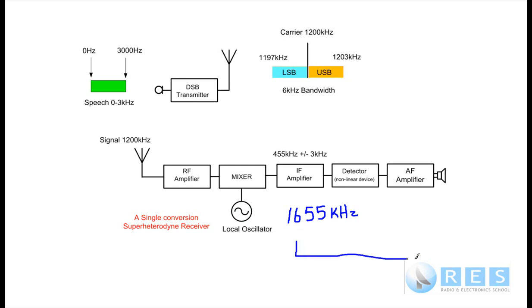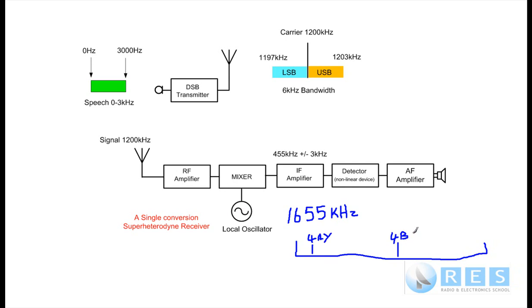If this was the radio band, and we've got 4AY here, I'm making this up, that's station 4AY, that's station 4BC, whatever. When we move the tuning dial on the receiver, we're changing the frequency of this oscillator.